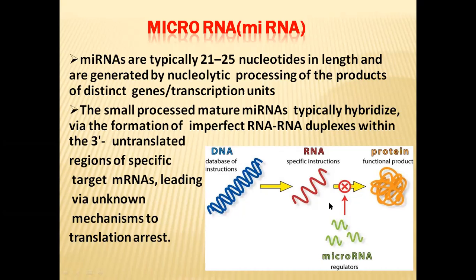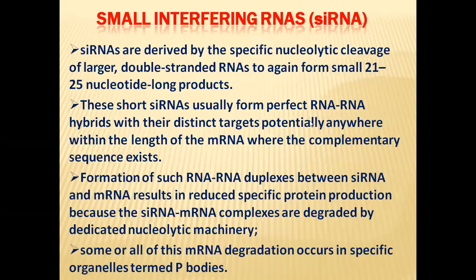In this way, microRNAs are very useful to the cell, where in some cases mRNAs are produced by mistake, but the product of that mRNA is not required by the cell at that particular time. Whenever it is not required, the microRNA will come into the picture and disturb this protein synthesis process.